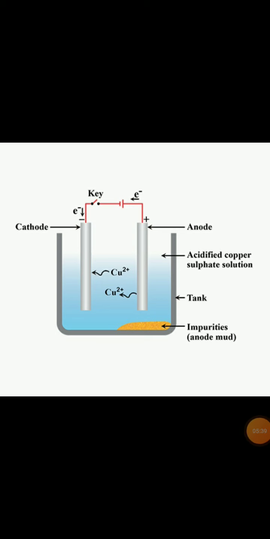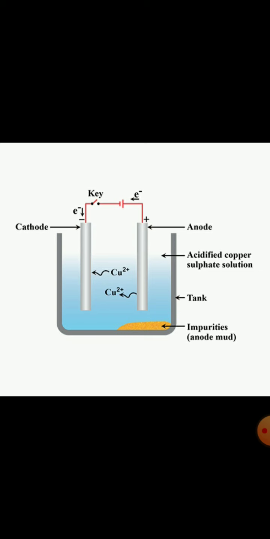On passing the electric current through this electrolyte, we will observe that the pure copper from the anode will dissolve in the electrolyte, and that same amount of pure copper from the electrolyte, that is the solution, will be deposited on the cathode.